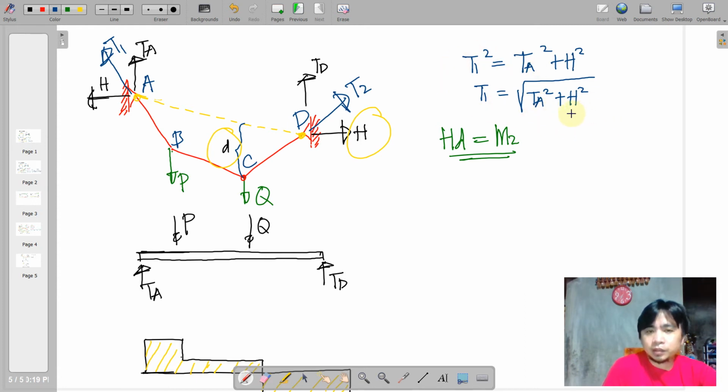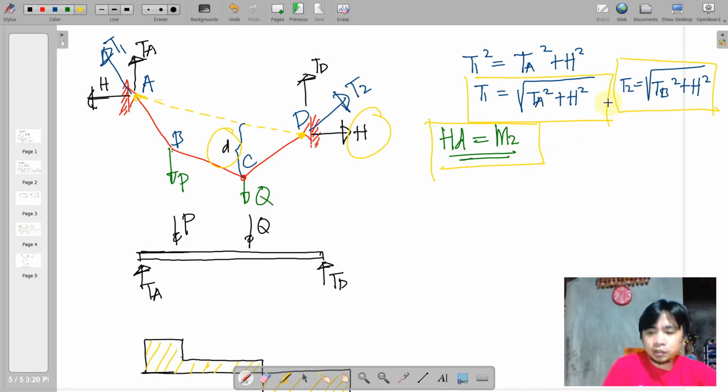Similarly, we do it on the other side. We have this expression. So these are the three key principles in dealing with this cable carrying concentrated loads at certain points.